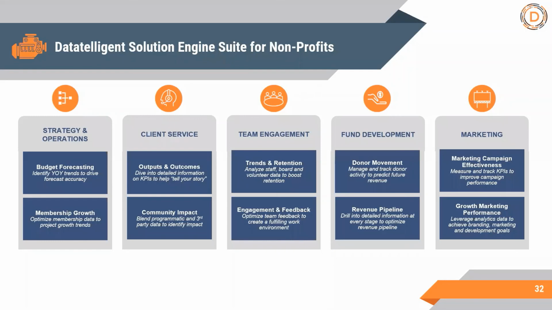This is where we have solution engines to help with your budget forecasting and your membership growth. Client service will be more focused on the outputs and outcomes of any effort that you have, as well as looking at your community impact, to see how programs you instituted are impacting the community, making sure that you're achieving the goals that you set out to.